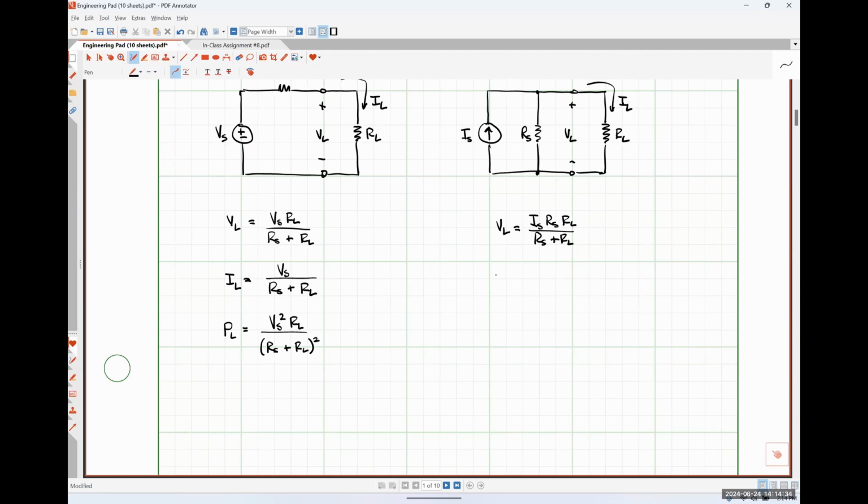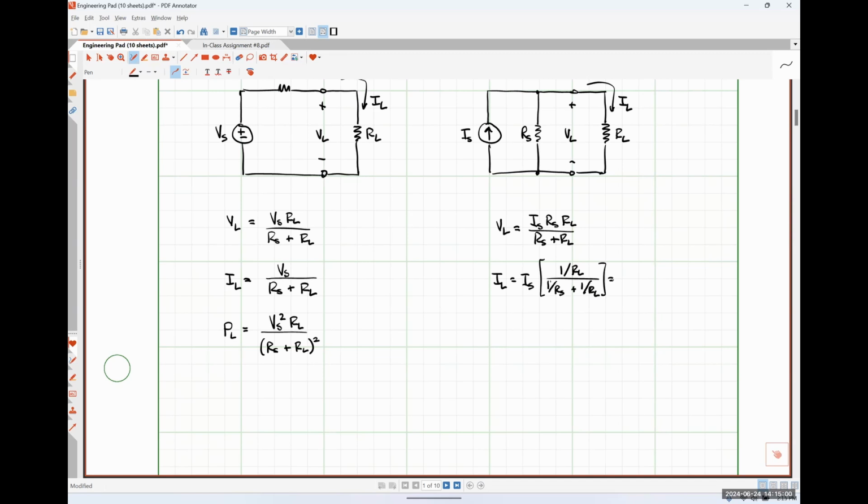We could find the current IL using current division. So that's going to look like Is times 1 over RL divided by 1 over Rs plus 1 over RL.